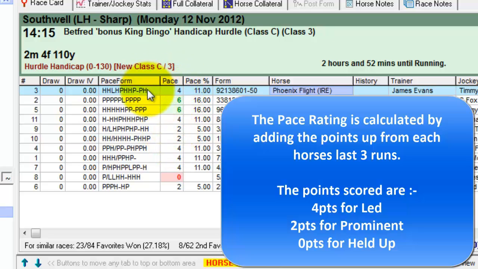So in this case, the held up on the last run got 0 points, while the previous 2 prominent runs got 2 points each, for a total of 4. The next horse down had 3 prominent runs, so that's 6 points, whereas Q to Q was held up in all of its last 3 runs, so it gets 0 points.